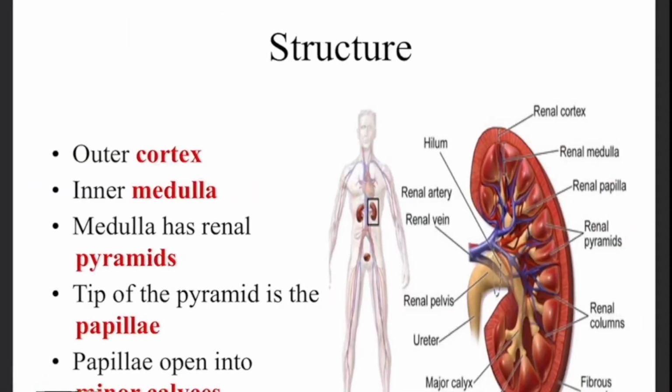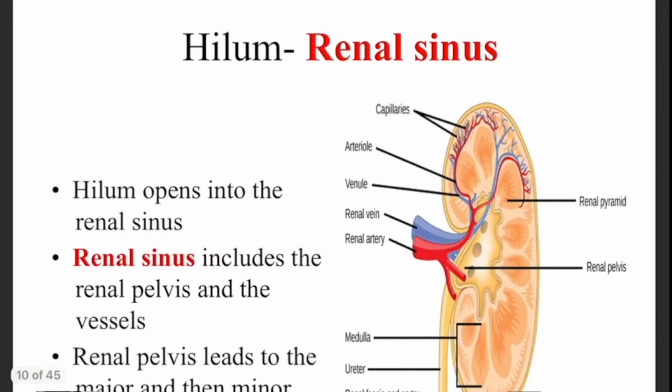So this is in summary. The outer part is the cortex, inner part is medulla. Medulla has renal pyramids. The tip of the pyramid is called the papilla, and papilla open into minor calyxes. This is the functional anatomy of the kidney. And we have spoken about the renal sinus and the hilum.